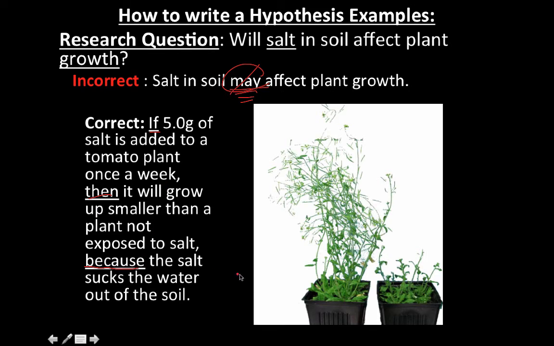And then the because, this should be an informed guess if you do your background research, but this can be any reason here why you think this is. Just provide one, your best guess. All right. If you did background research, it should be pretty intelligent. If you didn't do background research, it might be kind of off the wall. But no matter what you do, you need to have a reason here.